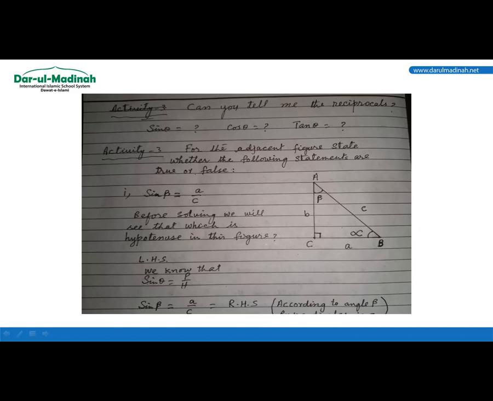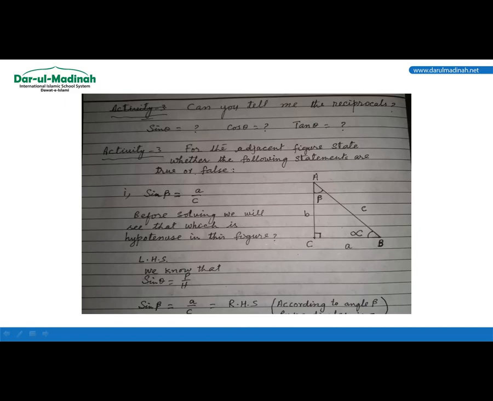Can you tell me the hypotenuse of this right angle triangle? Yes, C is the hypotenuse because it is the opposite side of the right angle and it is also the biggest side. Now we solve the left hand side, sin beta. What is the formula of sin theta?